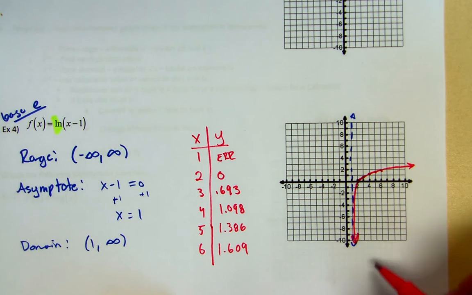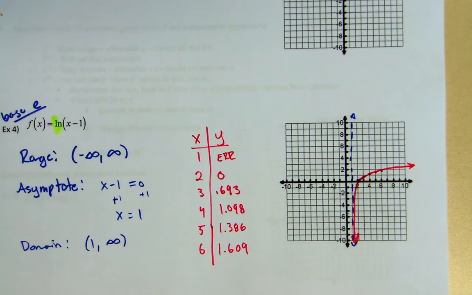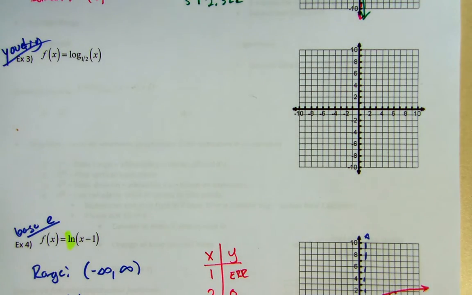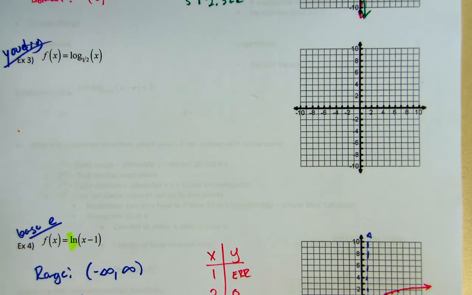Again, notice how I continue my graphs in both directions, even though it doesn't show that in your graphing calculator. So you're expected to make sure that you show that. Alright, so again, go back, you try this one, or if you paused and you did it and then went on, go ahead and do that. But again, make sure you come to class with that prepared.